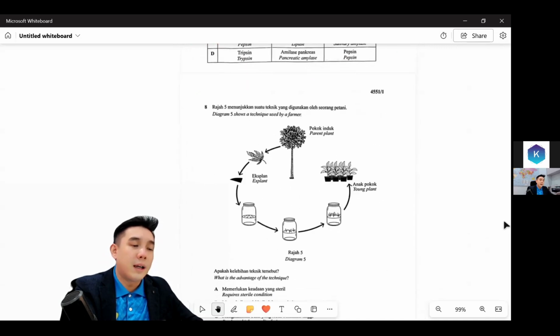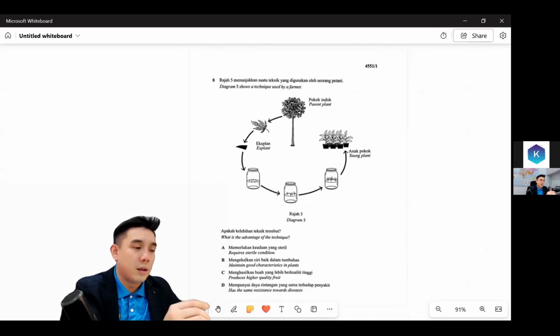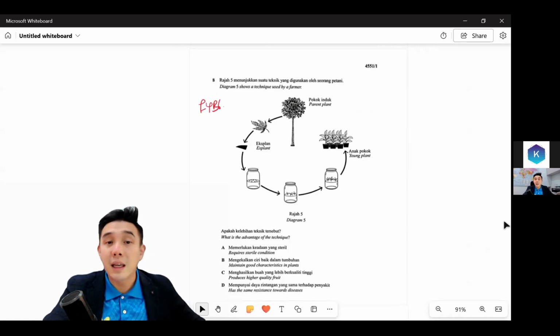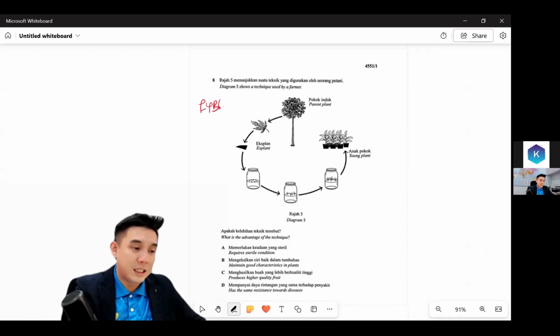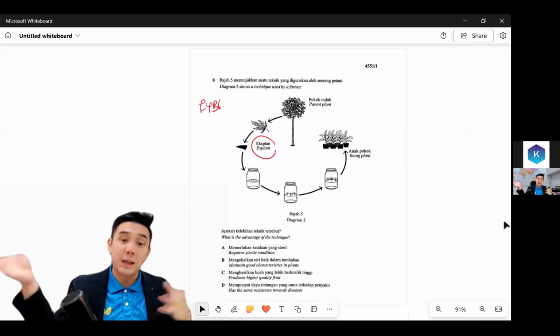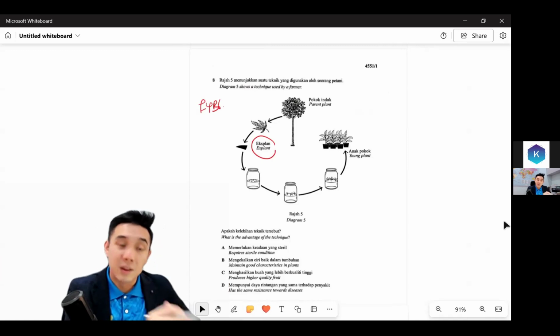Number 8 is from Form 4, Chapter 6. What is the advantage of this technique? Guys, this technique here is called tissue culture. You see an eggplant, they take a part of the tissue, culture it, and then once it's big enough, they'll transfer it to the right spot.